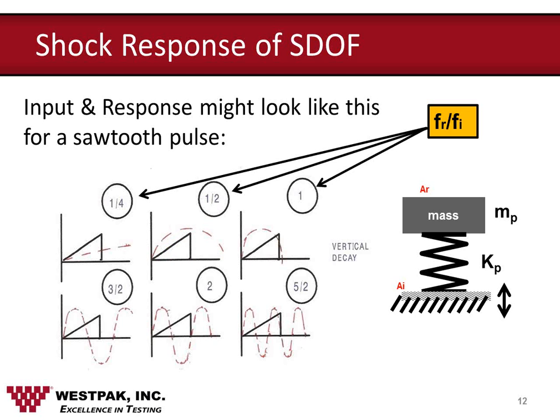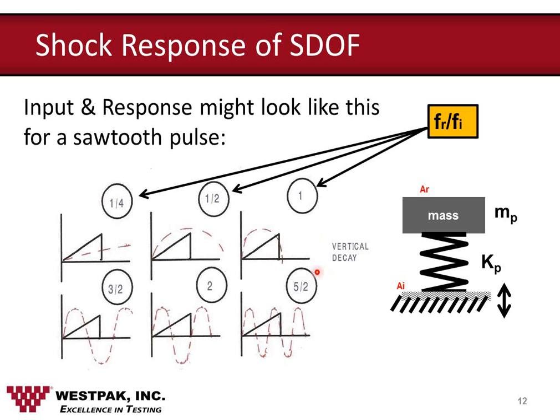In fact, the maximum amplitude of the response occurs with a frequency response to frequency of the input ratio of 1/2. You can see that on this diagram. After that point, the amplitude is a maximum for that particular wave shape as the duration of the shock pulse continues to increase.